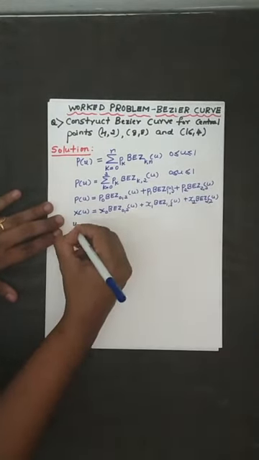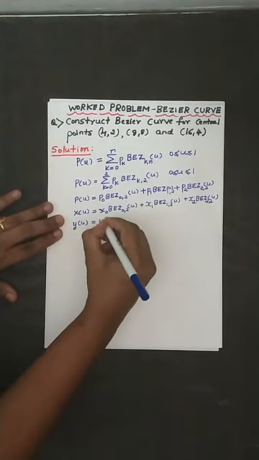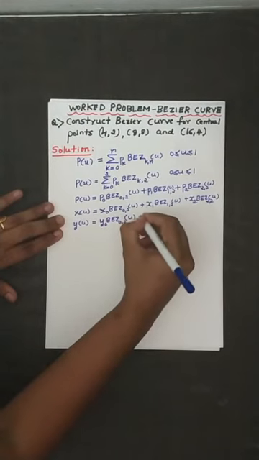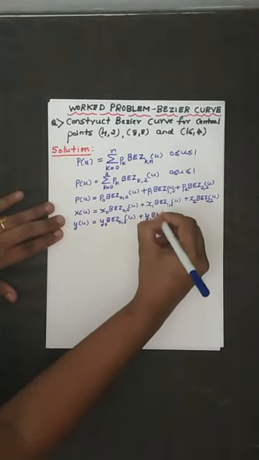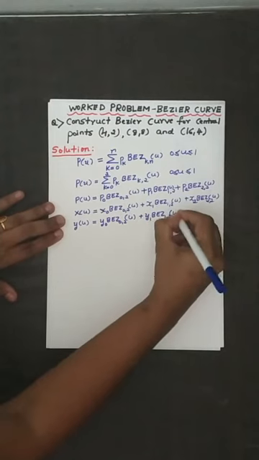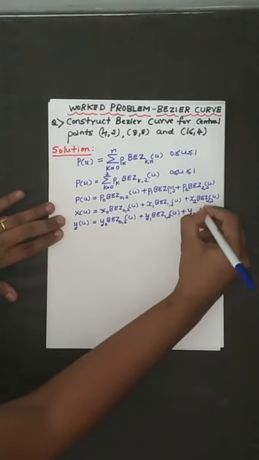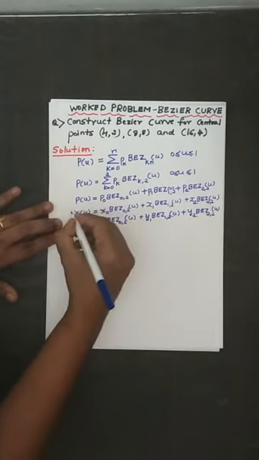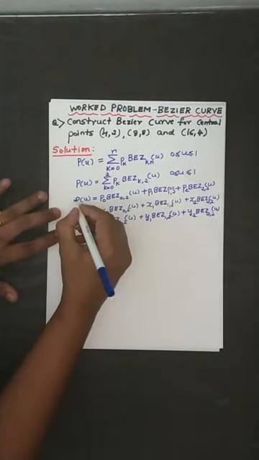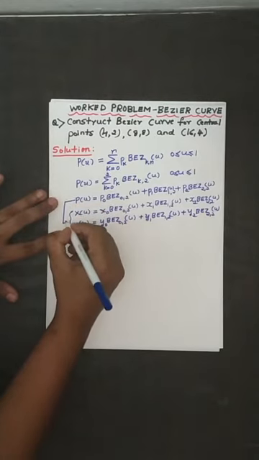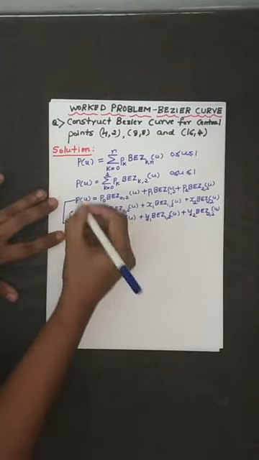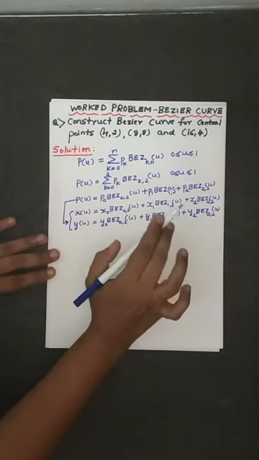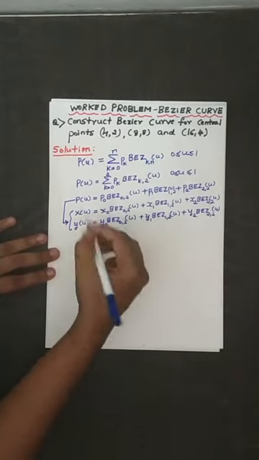And similarly for y: y0 Bezier 0, 2 of u plus y1 Bezier 1, 2 plus y2 Bezier 2, 2. The equation is written in terms of x and y because the points are given in terms of x and y. If it is 3D points like x, y, z, then you have to expand to x, y, z.